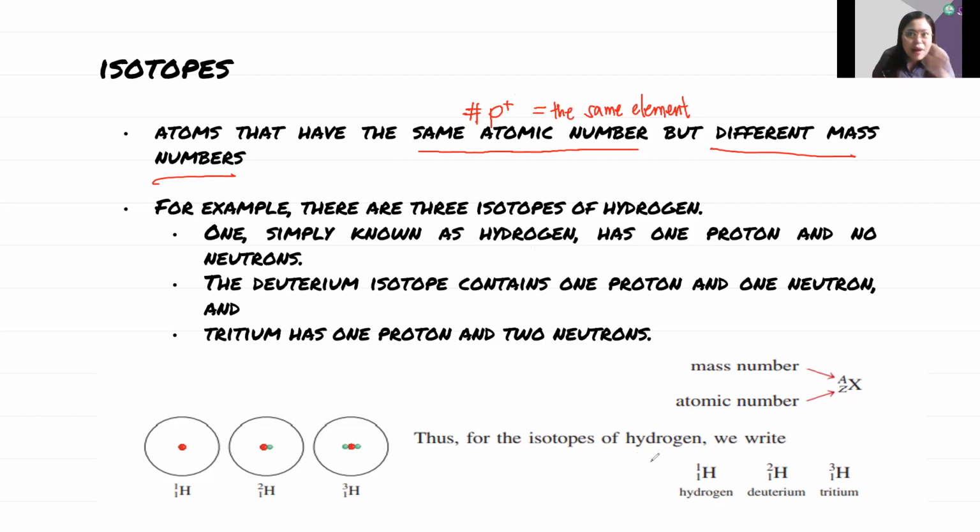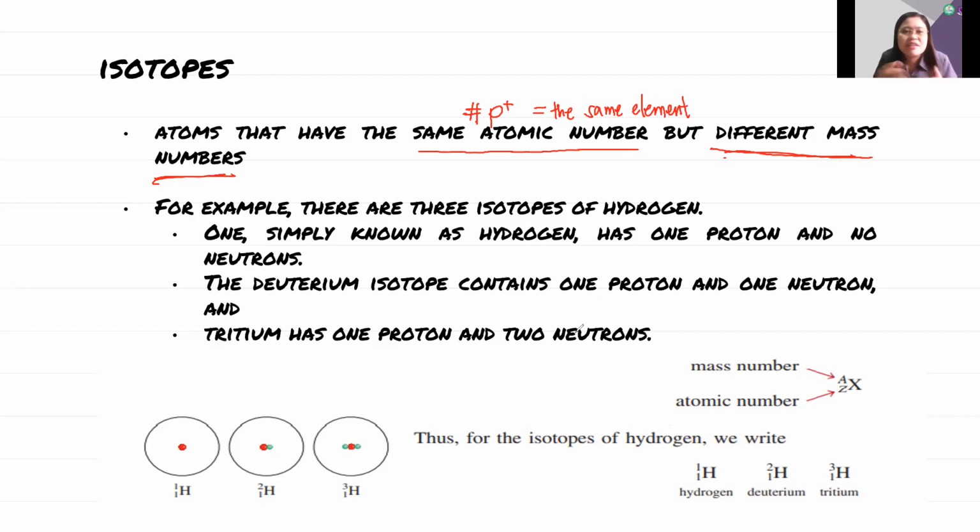So same atomic number means they have the same number of protons and thus they are the same element. So what this means, class, is that when you say isotopes, they are the same element but they have different mass numbers.